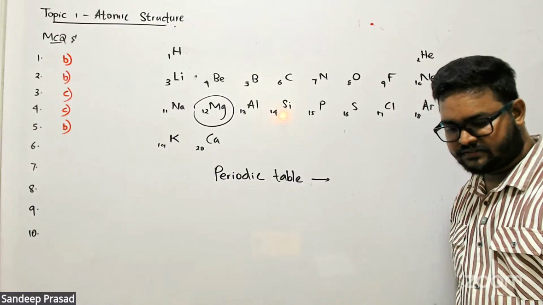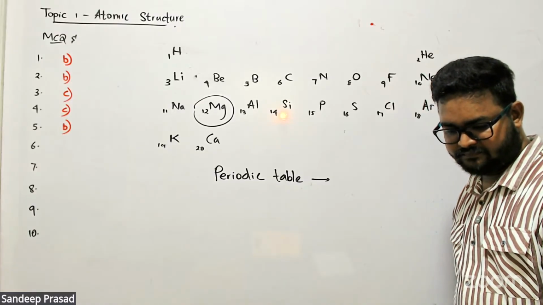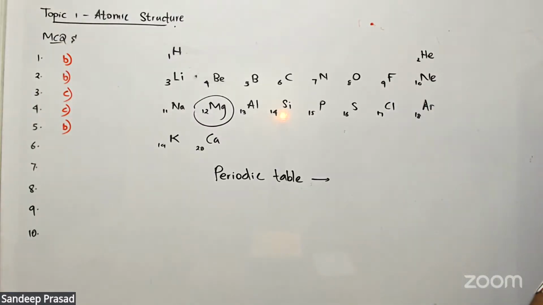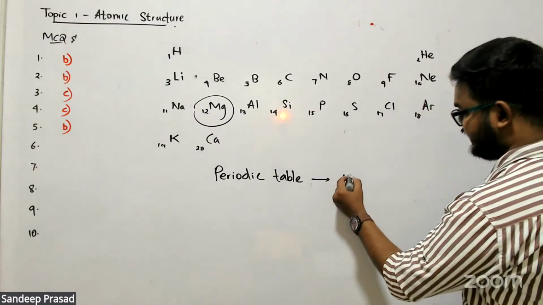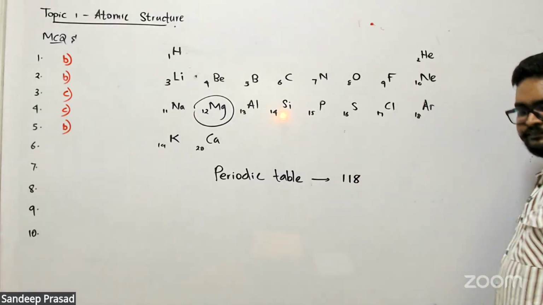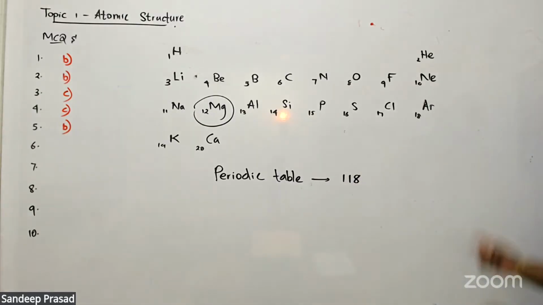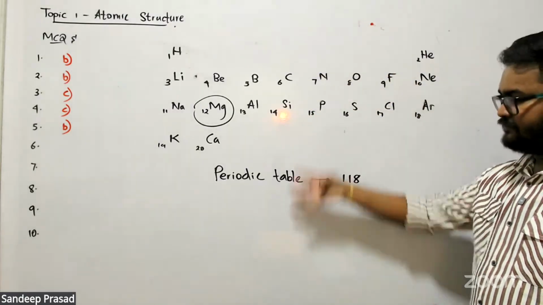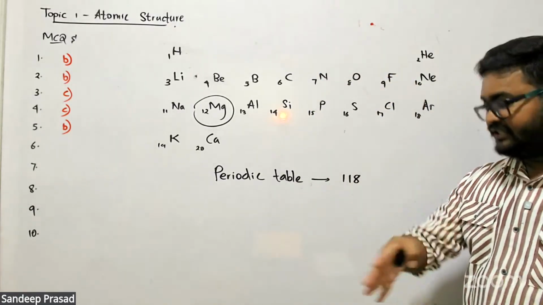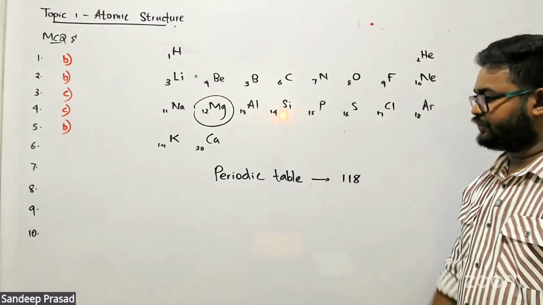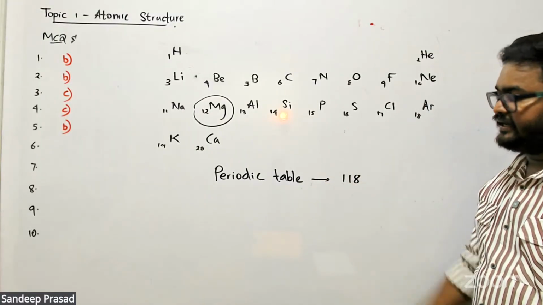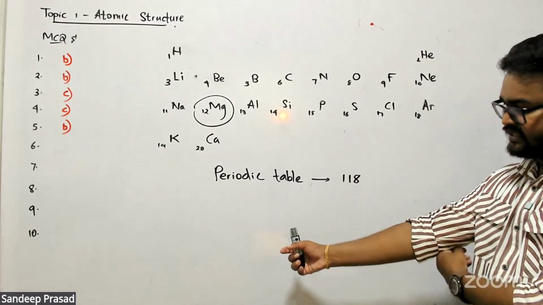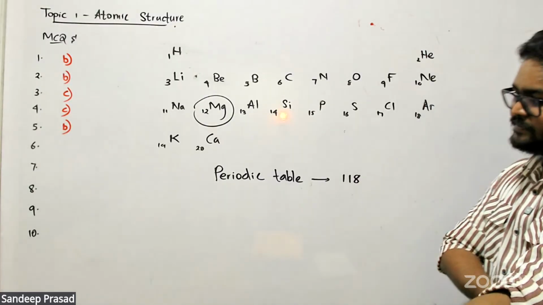Any different answer? Yes, remember, in the periodic table there are 118 elements. Under unit number 1, atomic structure, we are drawing the periodic table. I'm drawing this on the whiteboard, and when you get the tutorial, you draw it on the tutorial. The periodic table contains 118 elements.